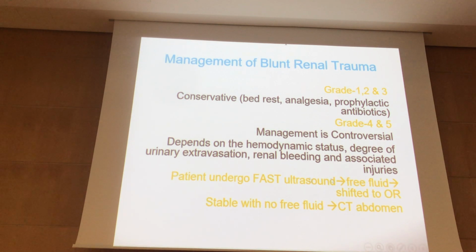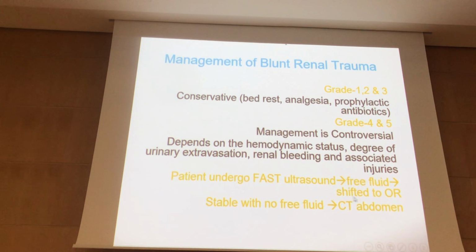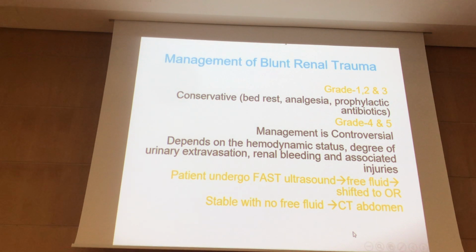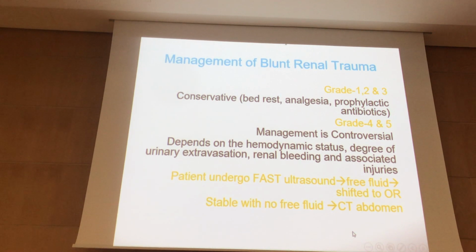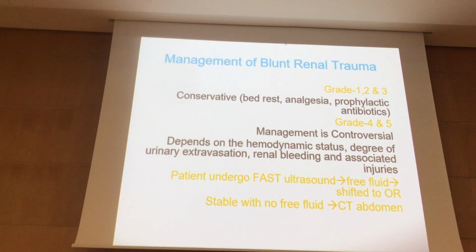Do a FAST ultrasound for free fluid. If there is free fluid, shift him to OR. If he's stable with no free fluid, but you still suspect renal injury, then send your patient to us. Otherwise, don't bother.